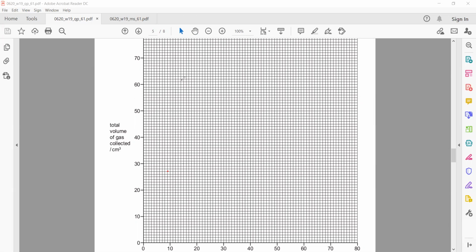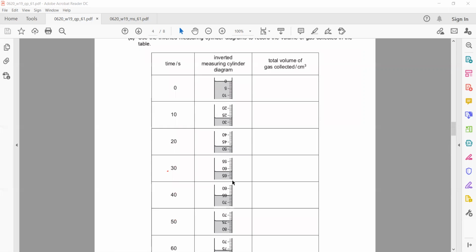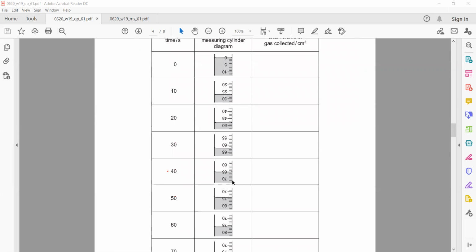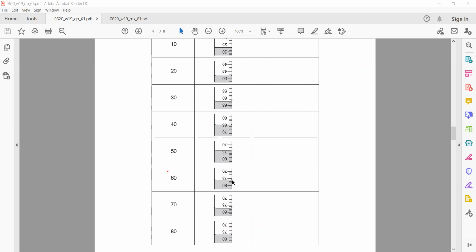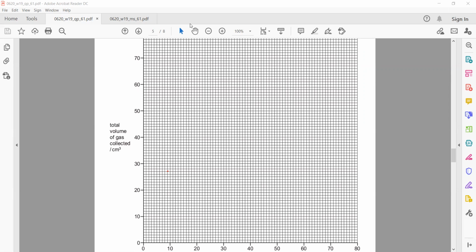And at 20 it was how much? 48. At 20 it was 48. Then at 30 it was 62.